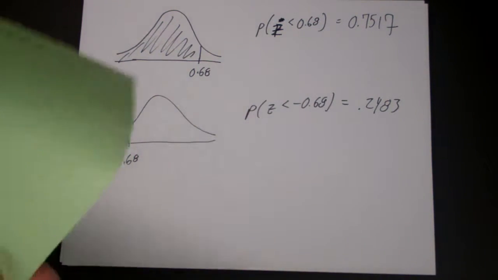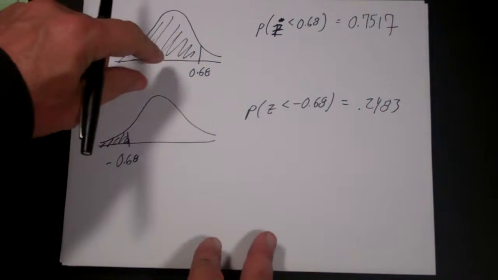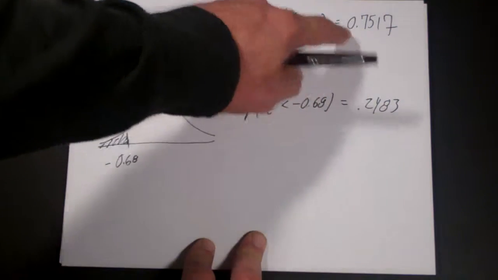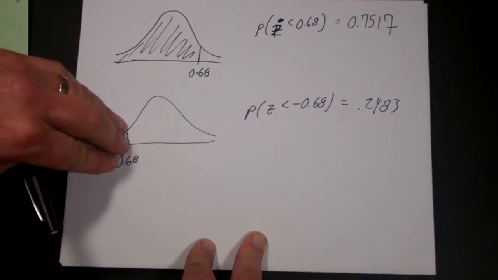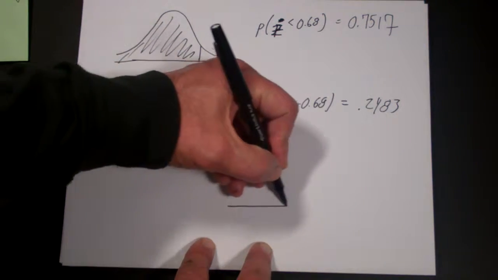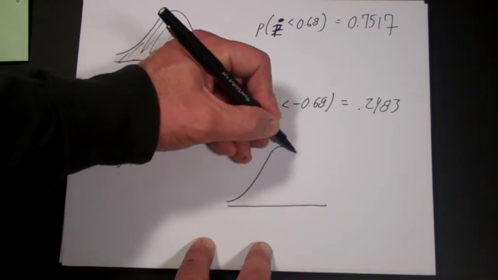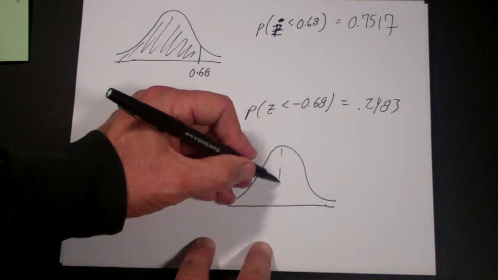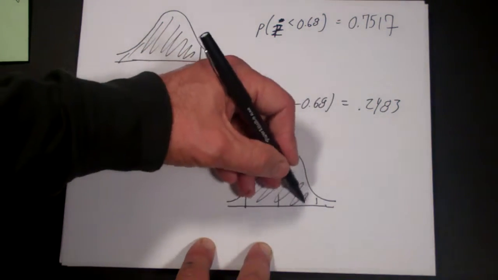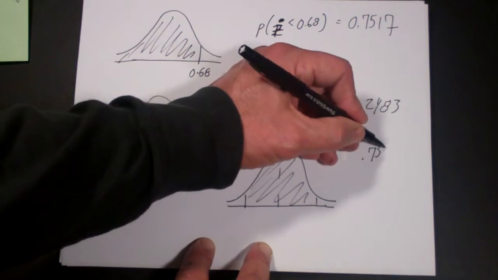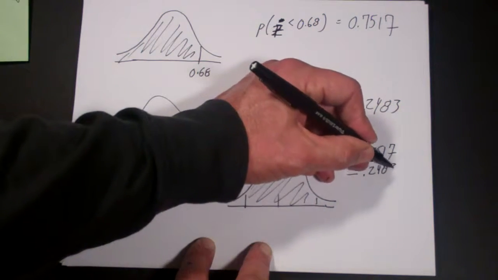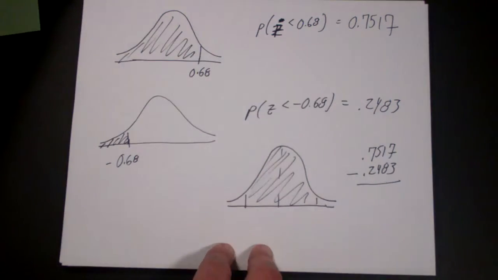Now let's just use our geometry here for a second. If the probability that you're less than 0.68 is 0.7517, and the probability that you're less than negative 0.68 is 0.2483, the probability that you fall between those two is going to be 0.7517 minus 0.2483. I'm going to use a calculator for that.